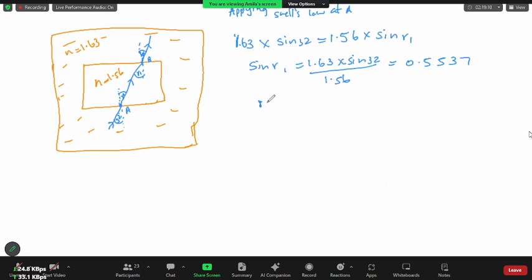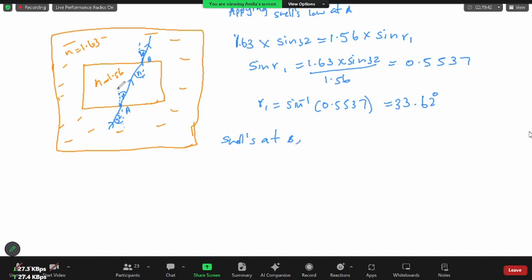So R1 you can take as sine inverse of 0.5537, which is nearly 33.62. So this angle is now nearly 33. Which means at point B, the incident angle will be nearly 33 degrees. So apply Snell's law at point B.